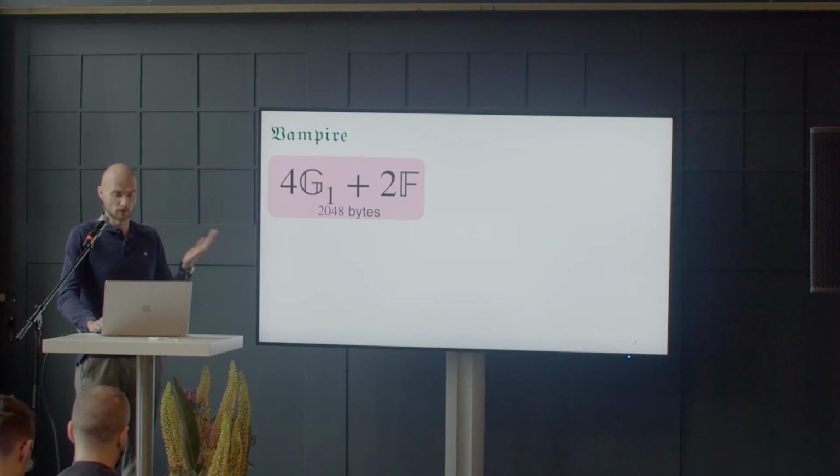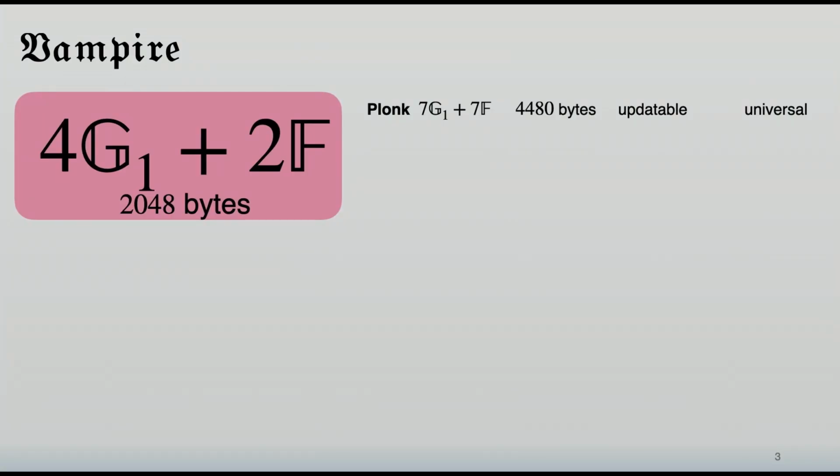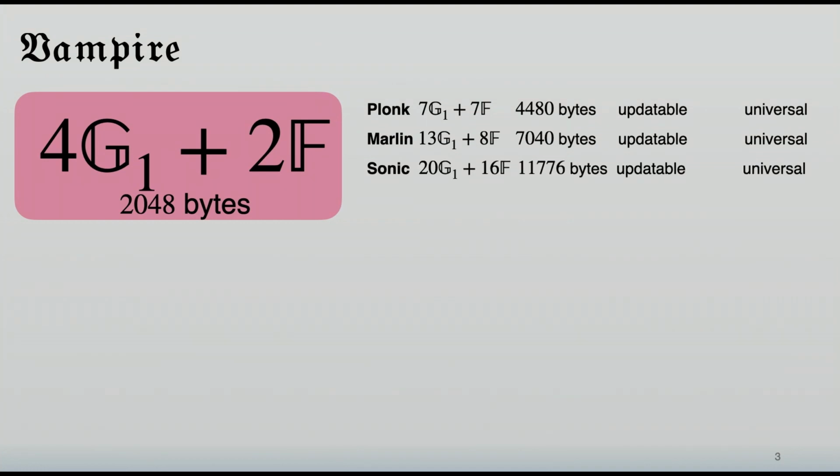To put you into context, for example, PLONK needs 7 group elements and 7 field elements, so the proof is more than twice as big. Then we have Marlin, which needs like 13 group elements, Sonic, which needs like 20 group elements.